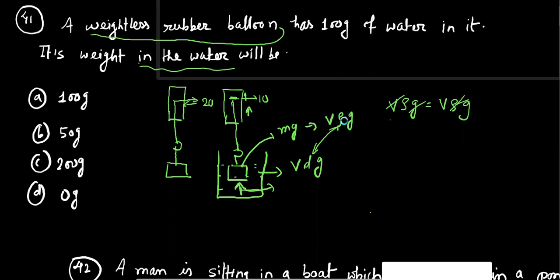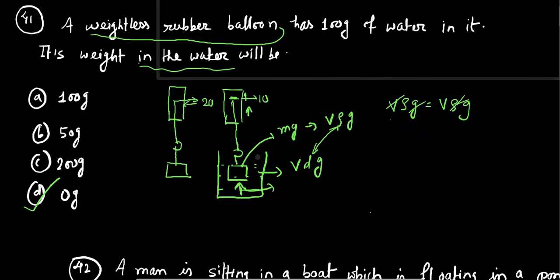The weight of water in the water is of course zero because there is no upward force, we can say that. So the net weight of the water in the water is zero.